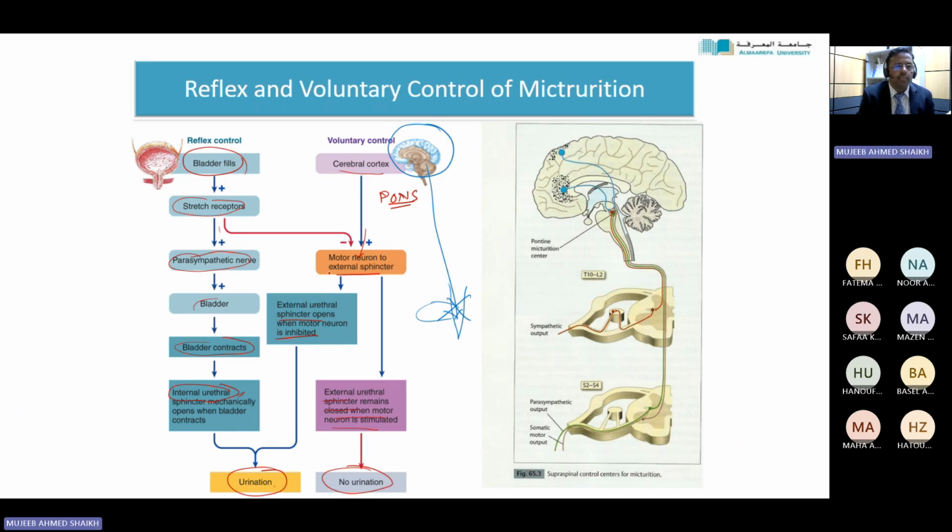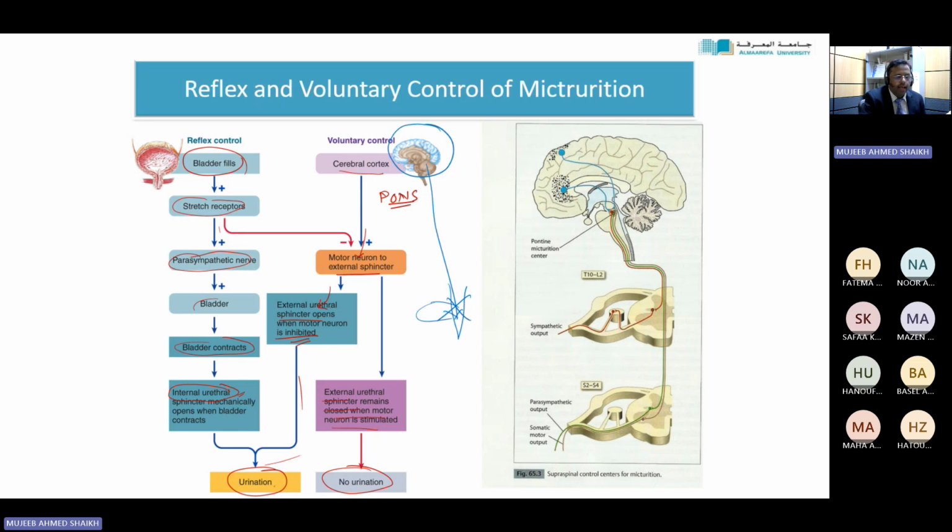In the opposite situation, if a favorable situation is there, the person is not doing anything and he is in a place where he can pass the urine, then the signal going to the external urethral sphincter will be inhibited and it will cause urination. This is how the higher center is controlling the reflex center in the spinal cord.